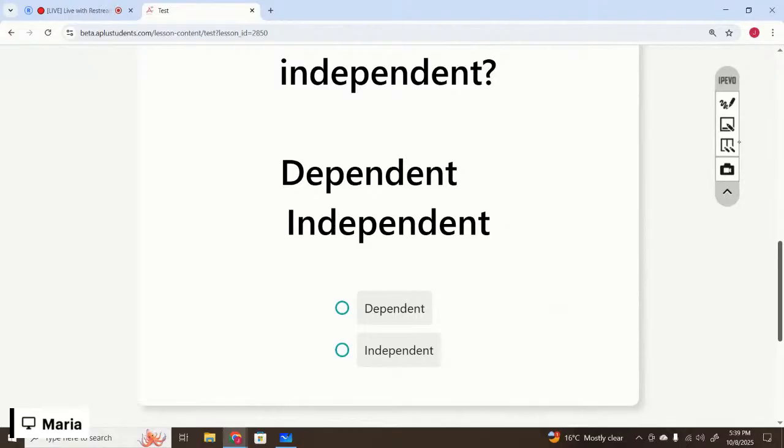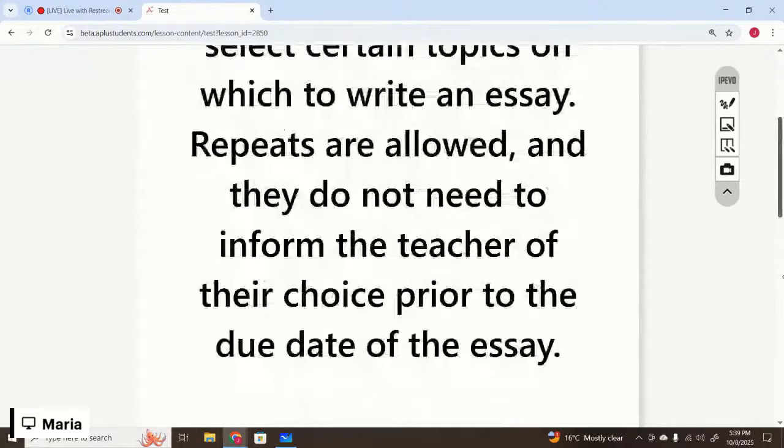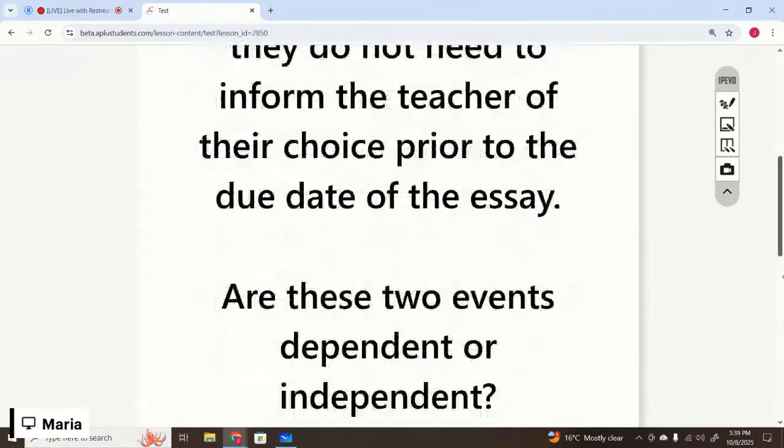The teacher does not mind, repeats are allowed. So they are independent events.